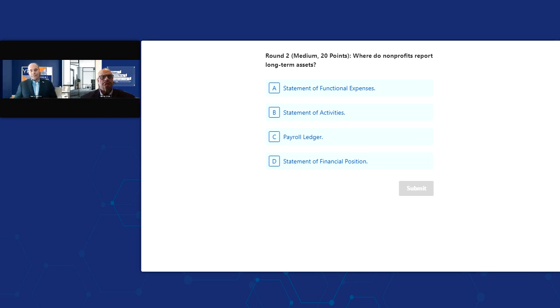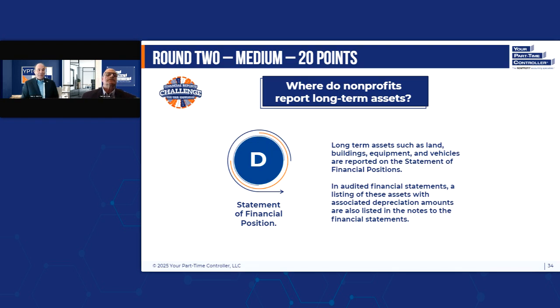All right. Our responses are coming in. And the answer is D, the statement of financial position. That's where we're going to be presenting our long-term assets. Our assets are reported on the statement of financial position, and our long-term assets specifically.